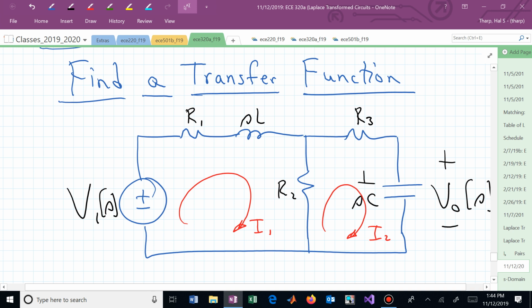So now if V1 was in fact a constant or had a constant component, you would say, oh, in the limit, I better anticipate V sub 0 of t at big values of time being R2 over R1 plus R2 times V1's constant component. You know where you're going. You know how you're getting there because now you can say, oh, can I find the poles in this system? Now I know the structure of my response.